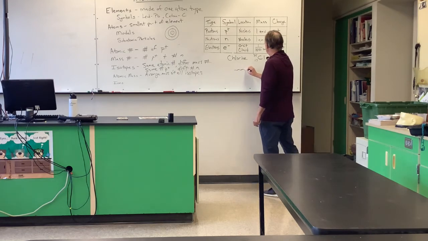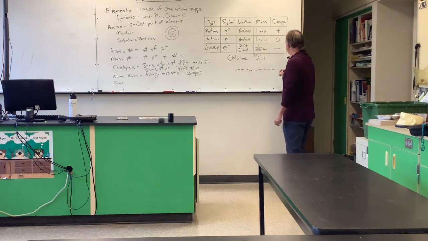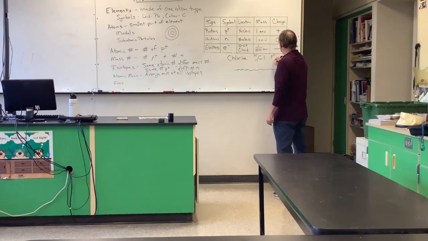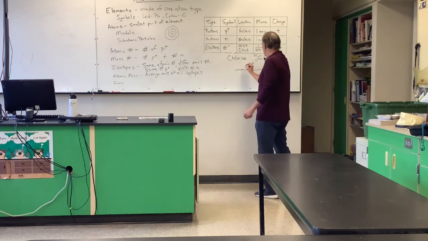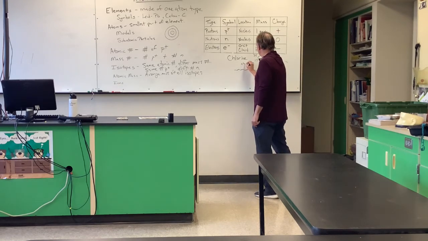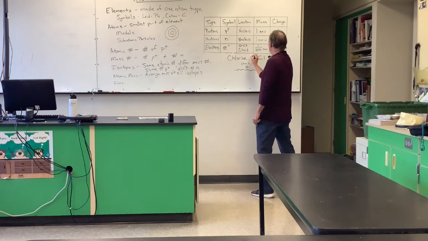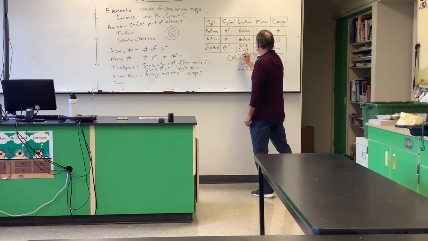Okay, so in this case, this chlorine has protons, neutrons, and electrons. This is the atomic number, and up here, that's the mass number.